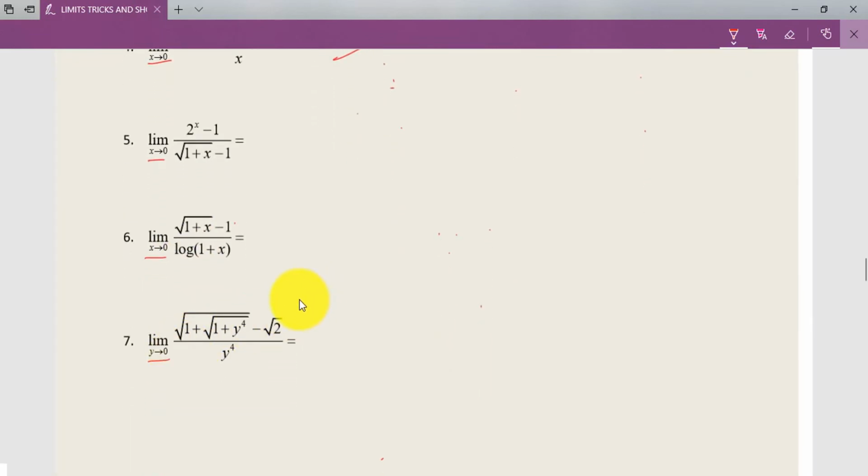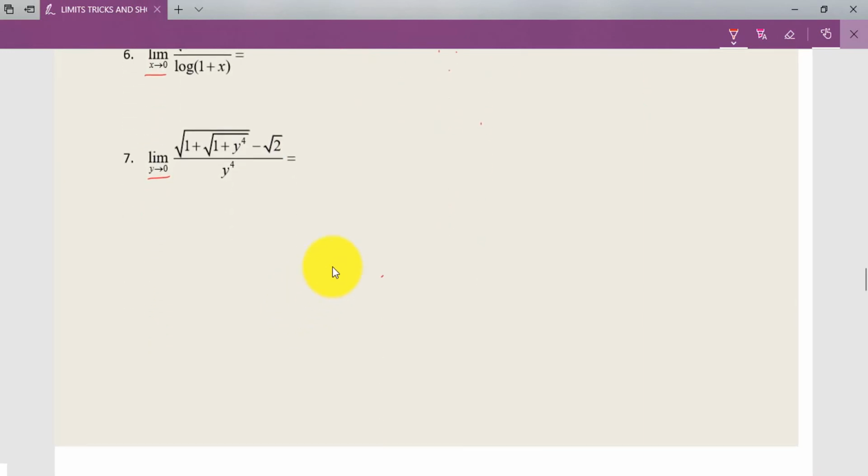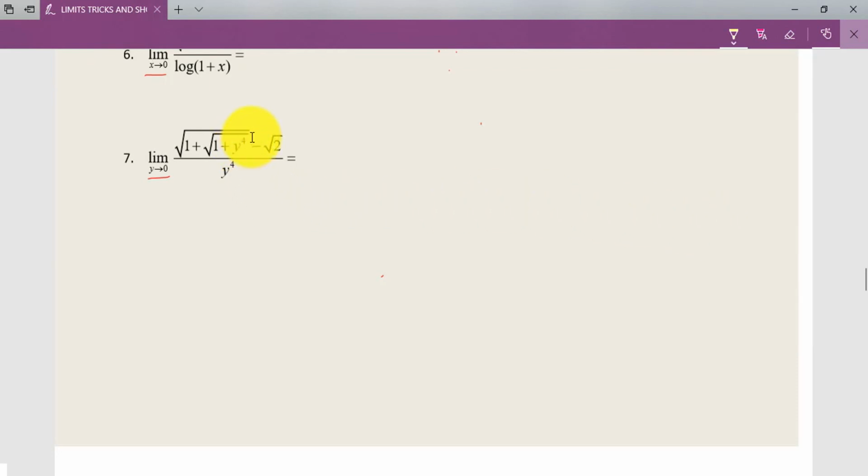Now speaking about this particular standard example, what I'll do is, this is another set of problems pertaining to the formula. So the limit of y tending to 0, this is important. Here I take this term first, that is the square root of 1 plus y power 4.